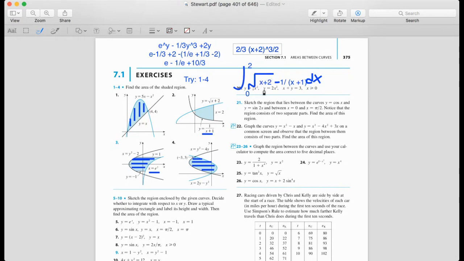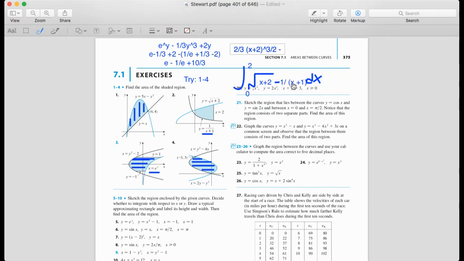Because this integral is x plus 2 raised to the half. I add 1 to half, I get 3 over 2. I divide by 3 over 2, the same as multiply by 2 over 3. So that's my first one. That's my f. Subtract g.